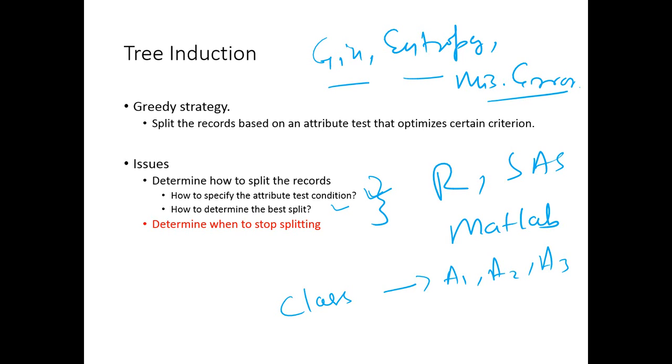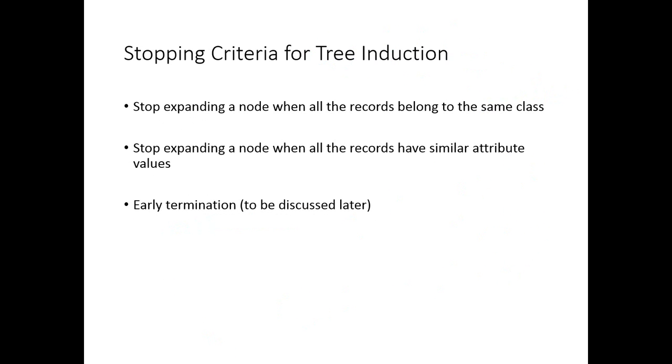So the final thing that we're interested in is determining when to stop. Now the tree can go on and on. So how do you know where exactly to stop? We consider what is known as a stopping criteria for tree induction. Stop expanding a node when all the records belong to the same class.